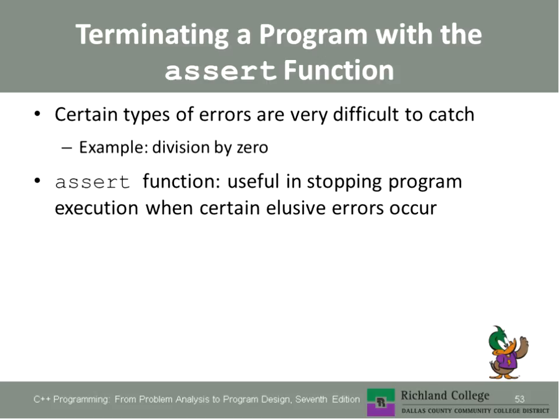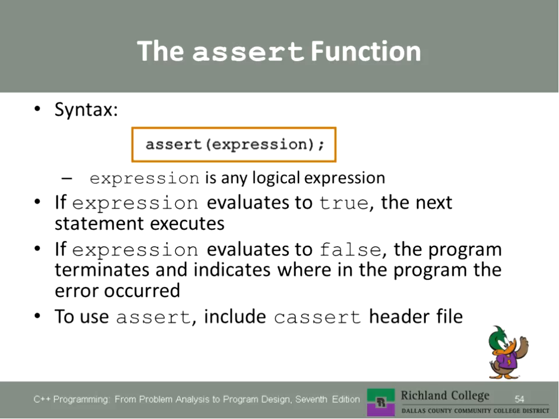So in order to ensure that the code is properly functioning with user input, the assert function can be used in order to find errors like that at real-time user interaction. To use the assert function, you would have to include the preprocessor cassert, and then you could actually test the code.